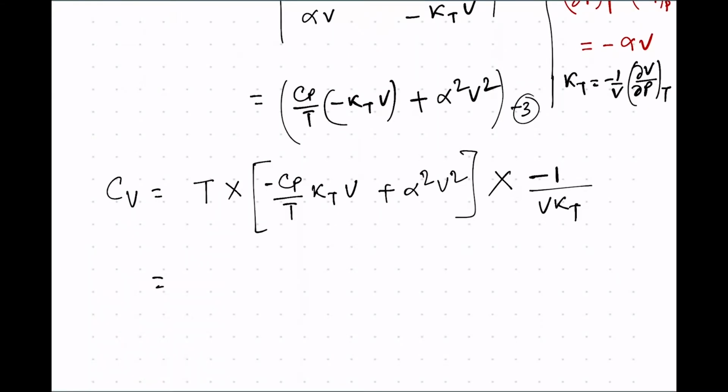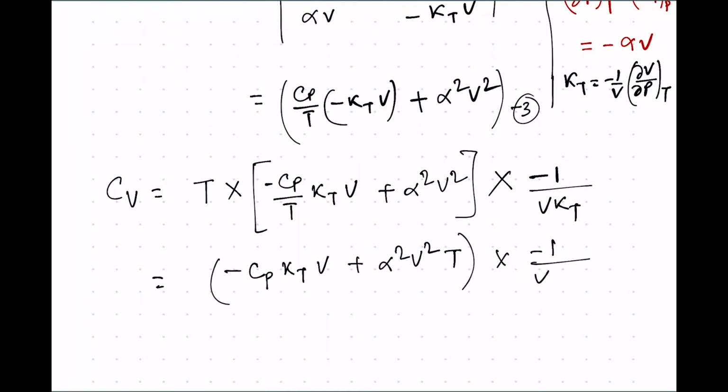Now, we just multiply with T first. So, we see it is minus Cp kappa T V plus alpha square V square into T, and then into, I will not jump the steps.